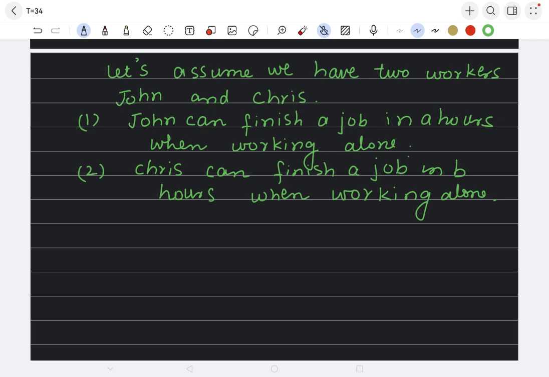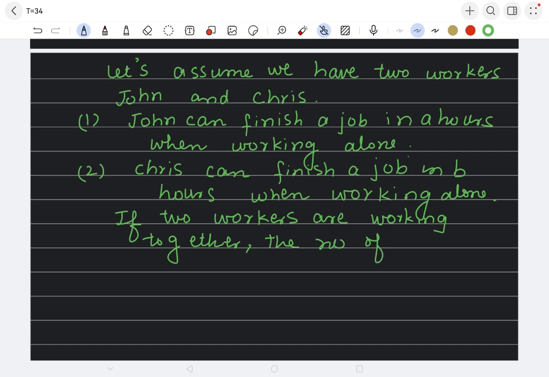by, if two workers are working together, the number of hours they need to complete the job is given by.